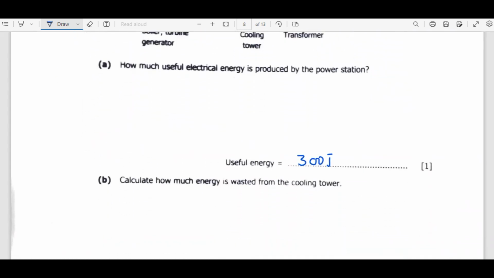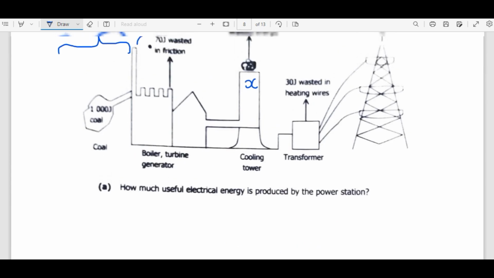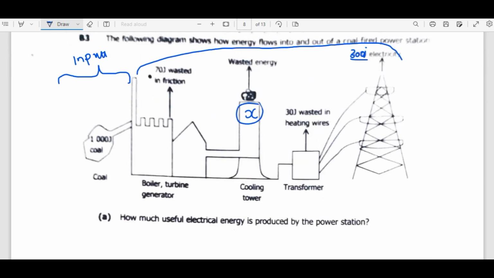So remember, we are saying the output must be equal to input if we consider this one to be efficient. Then under the output, the first one, we have 70 joules plus X plus 30 plus 300.